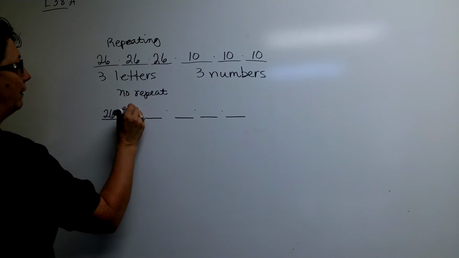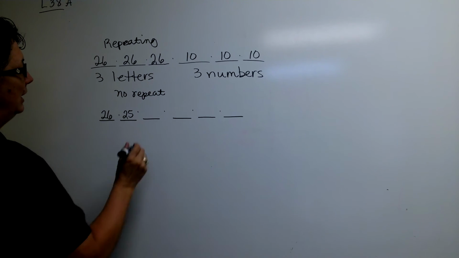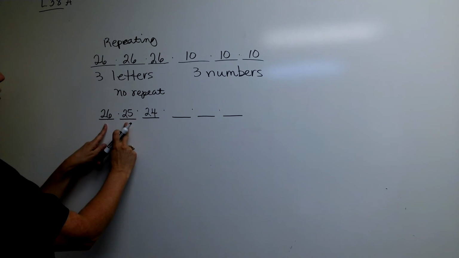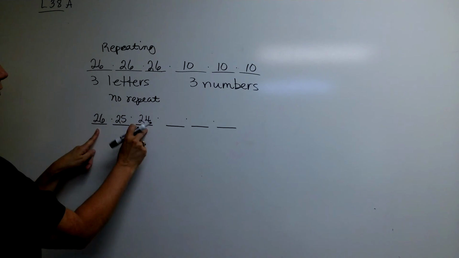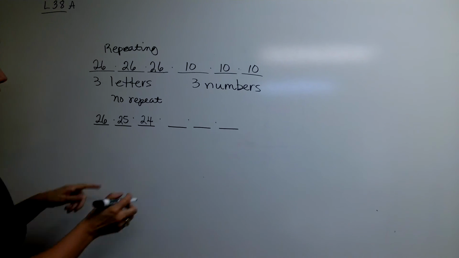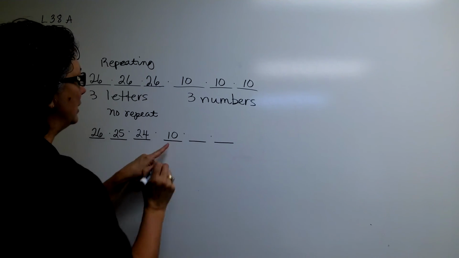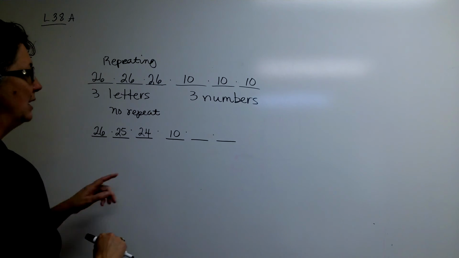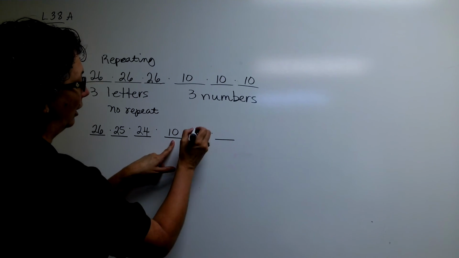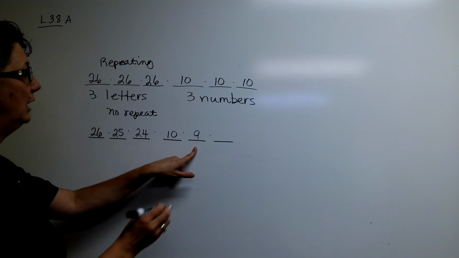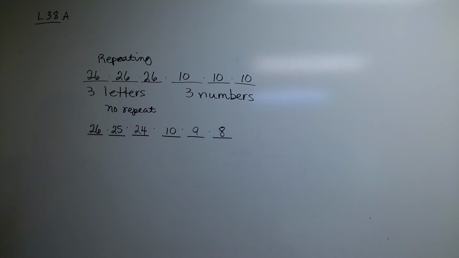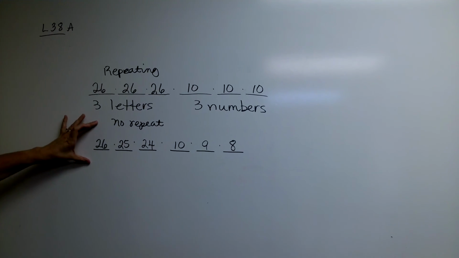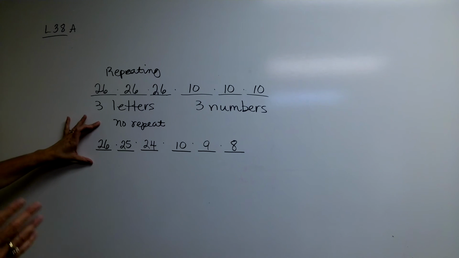So I only have 25 choices for the second spot, and then 24 choices for the third spot. Because once these 2 letters have been used, I can't use either of them in that third spot. Now I still have 10 digits, 0 through 9, that I could put here, but if I can't repeat a digit, once I put a digit there, I only have 9 digits left to go here and 8 digits left to go here.